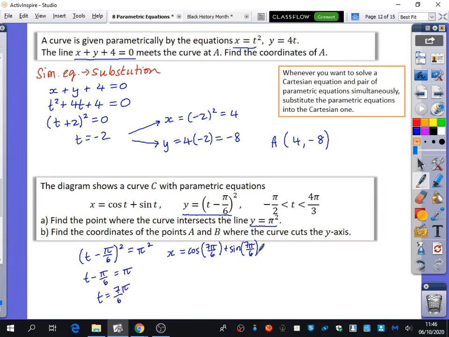And you know what, even though I probably could do these without a calculator, my brain's not in the mood to do it today. So make sure your calculator is in radians mode. And let's work out what cos of 7 pi over 6 plus sine of 7 pi over 6 is. You got what, sorry?